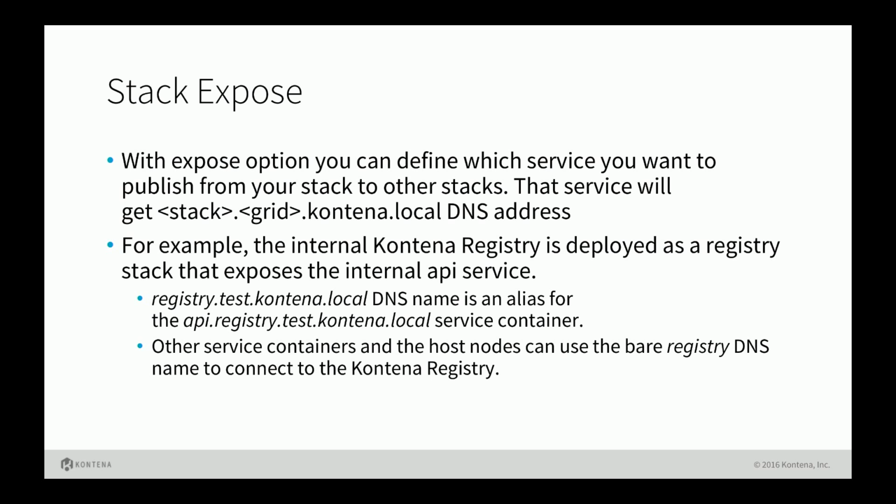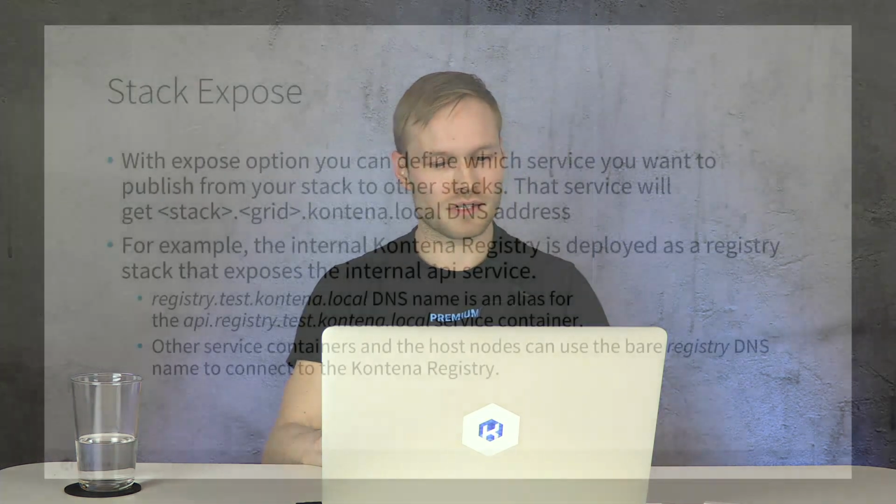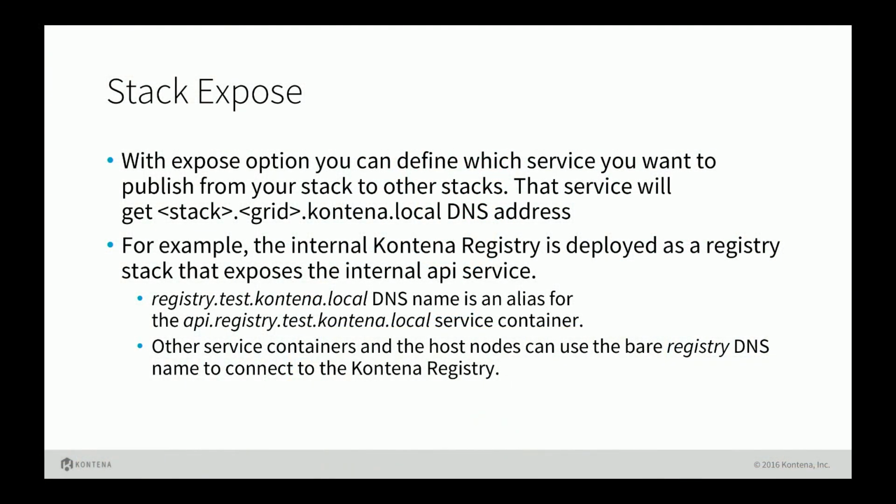For example, the internal Kontena registry is deployed as a registry stack that exposes the internal API service. So the registry.test.kontena.local DNS name is an alias for the api.registry.test.kontena.local service container. And the other service containers and the host nodes can just use the registry DNS alias.